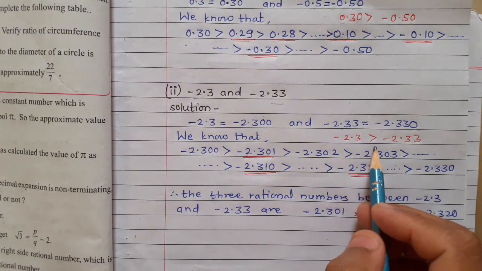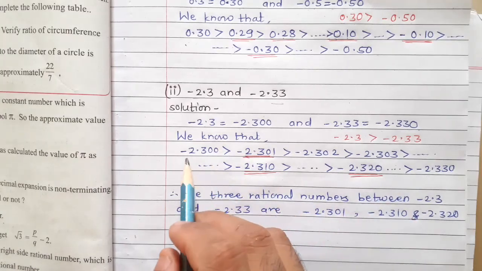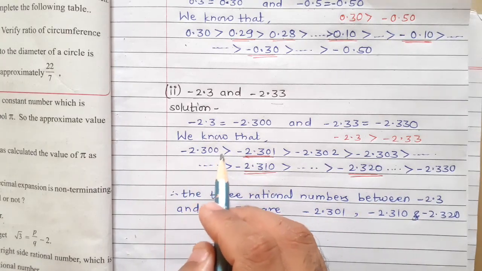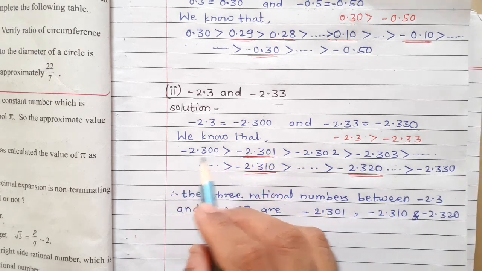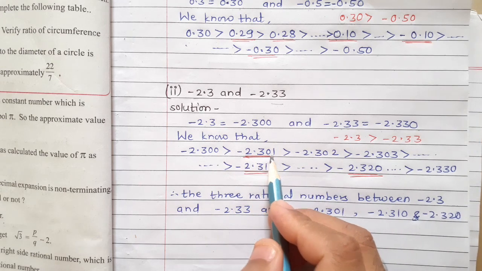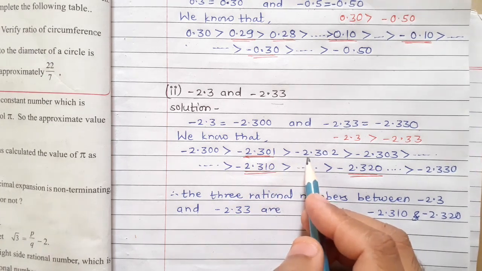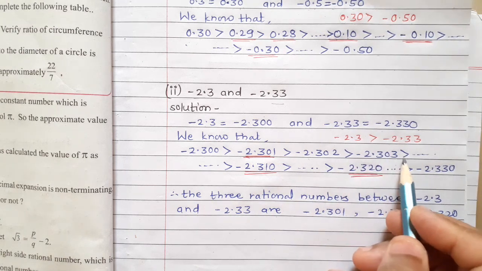So minus 2.300 is greater than minus 2.301, since they are negative numbers.